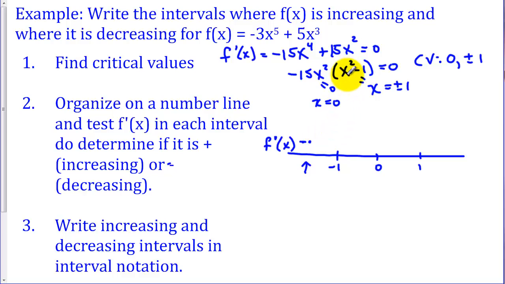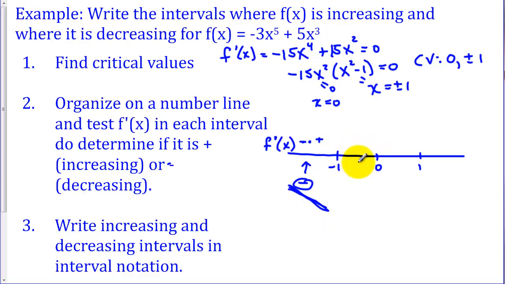And if I put negative 10 in here, negative 10 squared is going to be a big positive number. So this factor will be positive. So we have negative times positive. Our derivative is negative. Put that down here. Negative means the function is decreasing. So I like to show it with a line here, meaning that the function is going downhill during this interval.